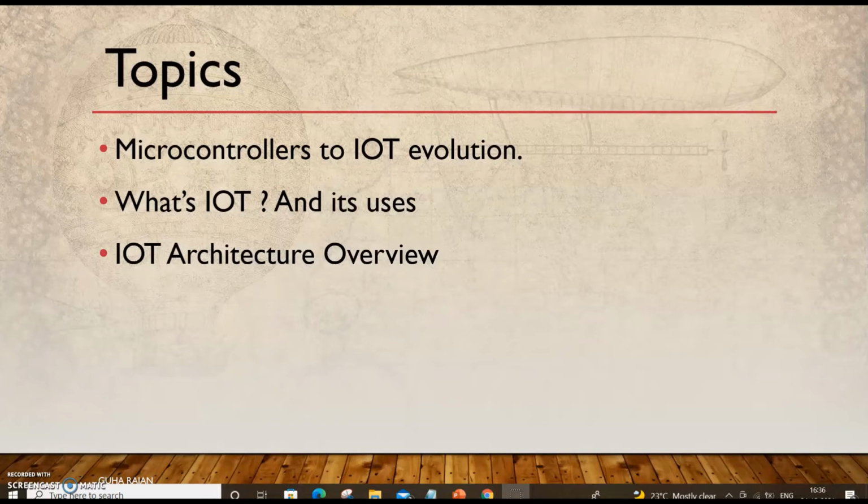Don't be afraid of it. I'll not go into the technical details of it, but I'll be providing you with a building block overview on this architecture. And finally, we'll be closing it with the challenges faced by the current IoT implementation. So let's get started.